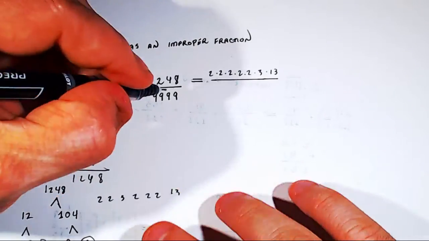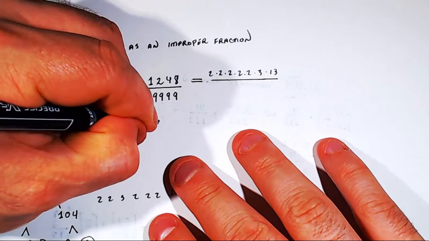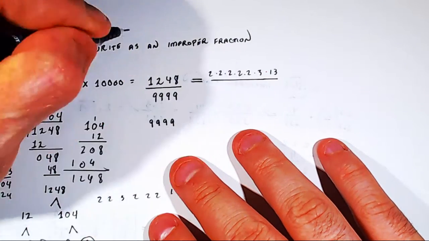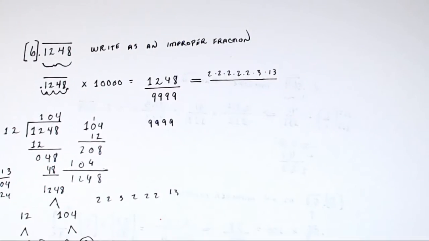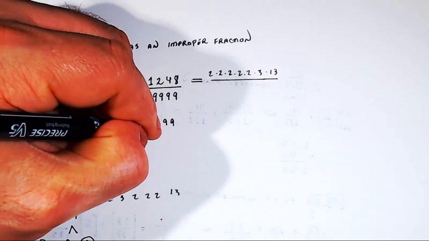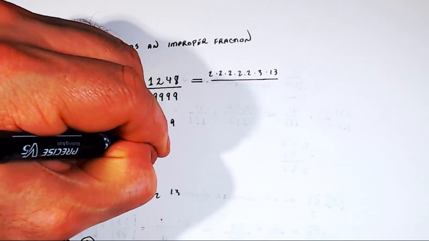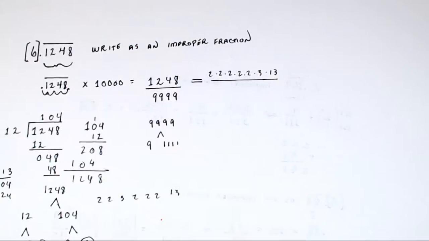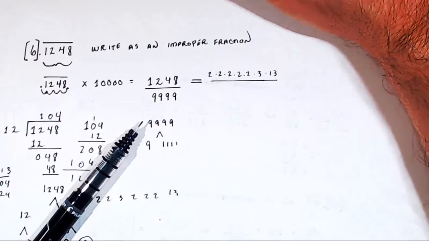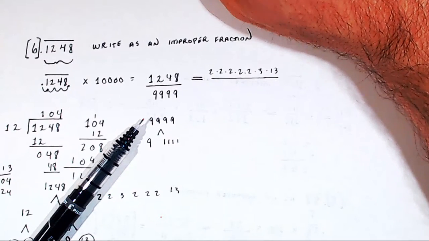Well, how do we do that? Okay, so this 9,999 is 1,111 times 9. Okay, is 1,111 prime?